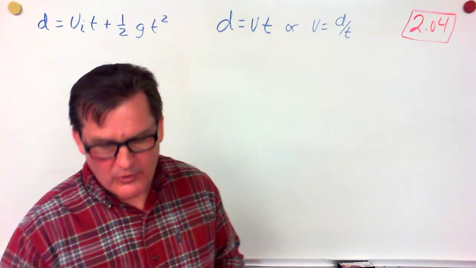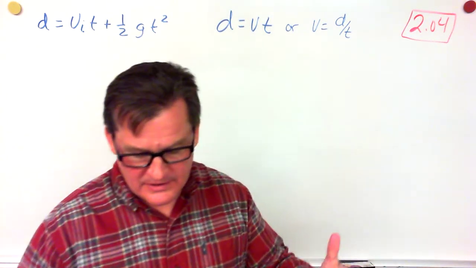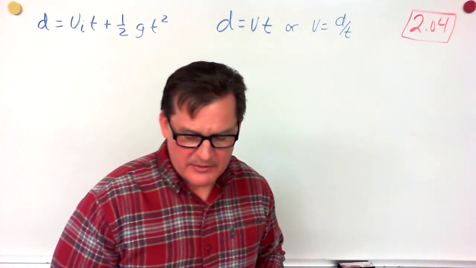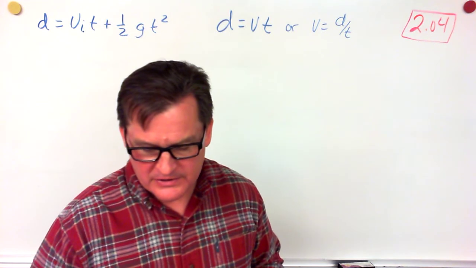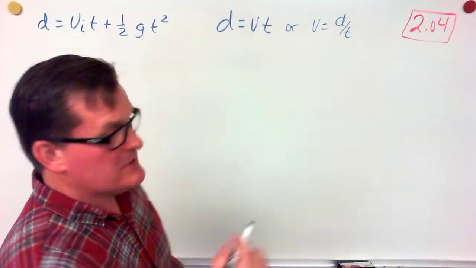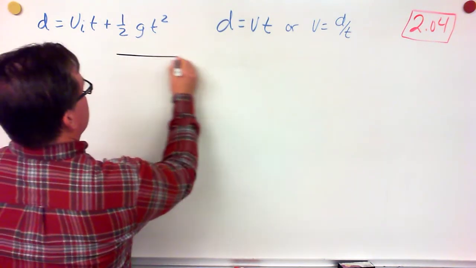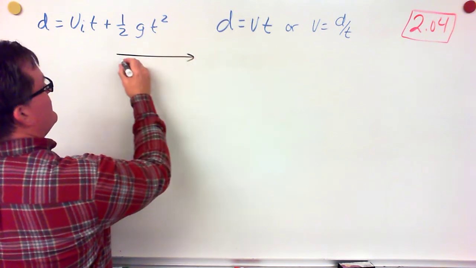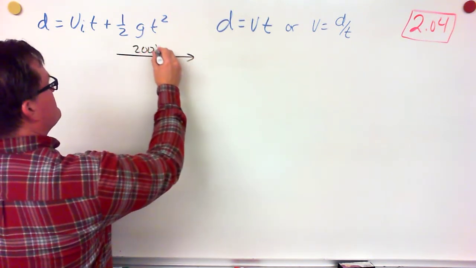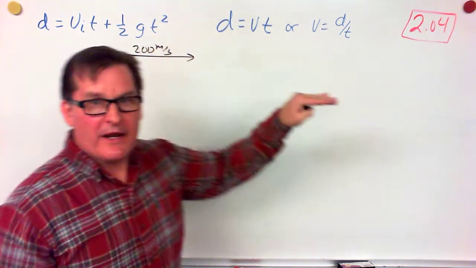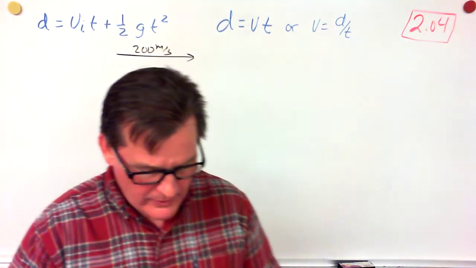I'm working problem 3 because it's where it starts to get a little bit more challenging. It says a projectile travels in the horizontal direction at a velocity of 200 meters per second. So I'm just going to note that with an arrow. Horizontal means parallel to the horizon. We know that. There's no angle here.